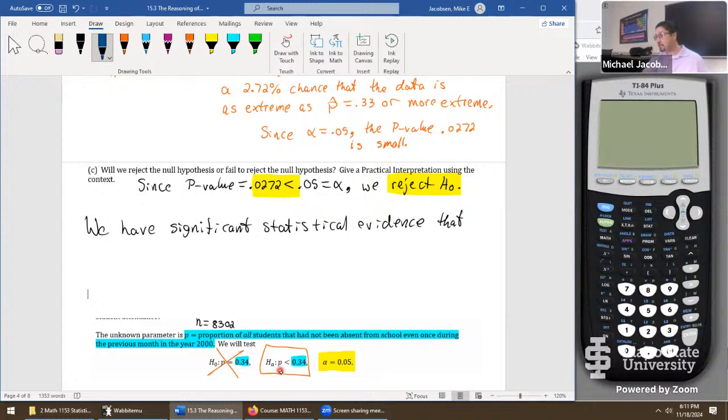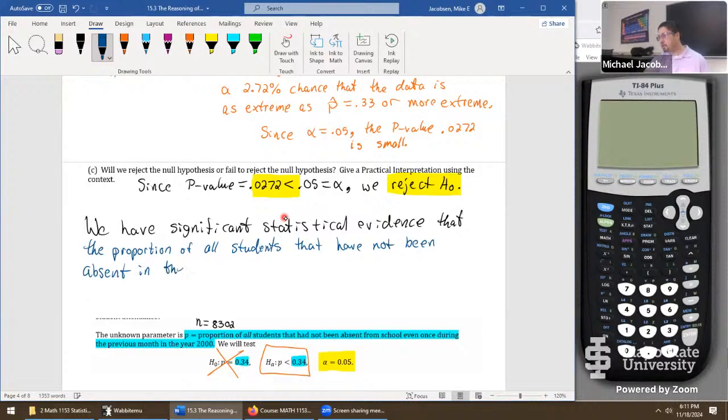P is the proportion of all students, I'll abbreviate this a bit and just say, that have not been absent in the last 30 days.